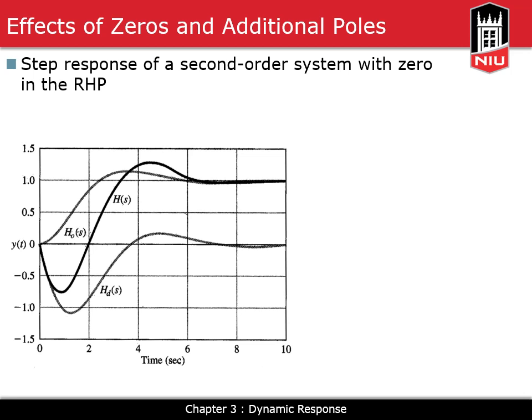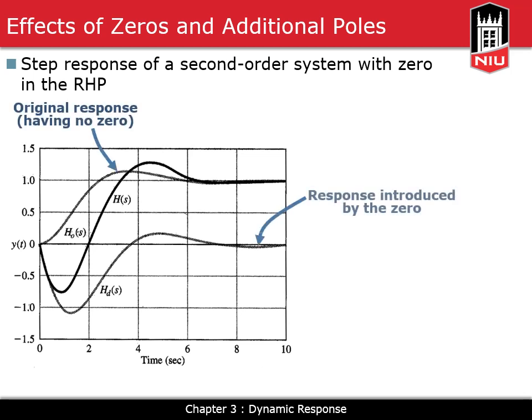If there is a zero in the right half plane, meaning that the zero is, for example, positive alpha times sigma, then HO will be the same thing, but HD, the response due to the zero, would actually start from the negative side. So if you look at HD, it starts from the negative side. It has an undershoot.